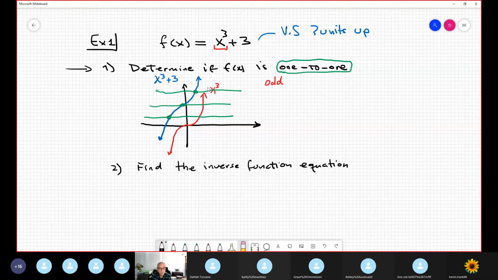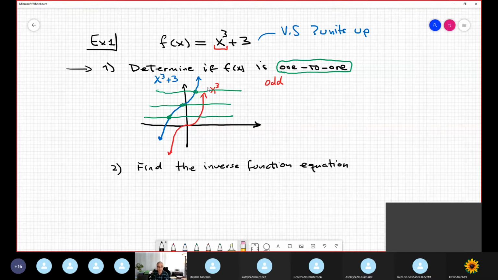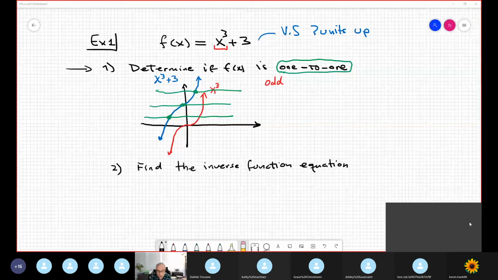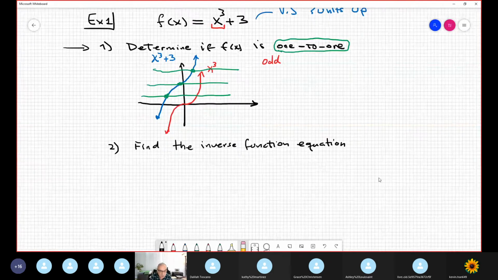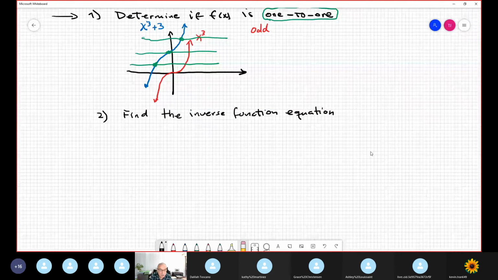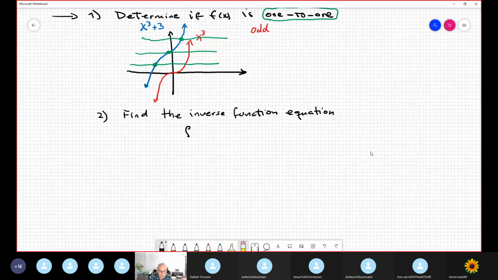It's clear in this example? Good. Step 2 is to find the equation for the inverse. It's easy because I take the original. Look, the original is f of x equals x cubed plus 3, you know?